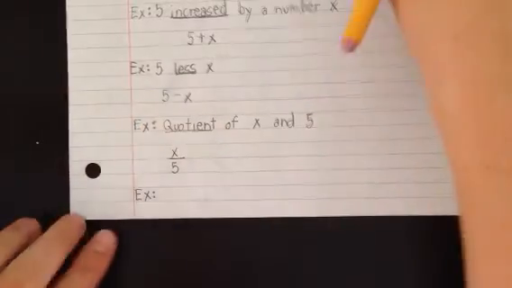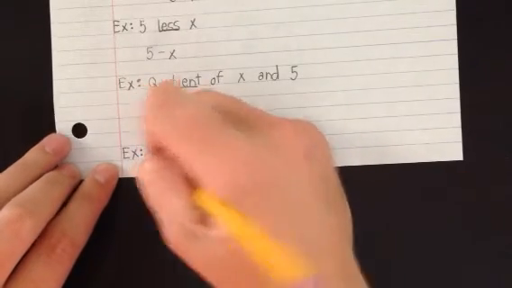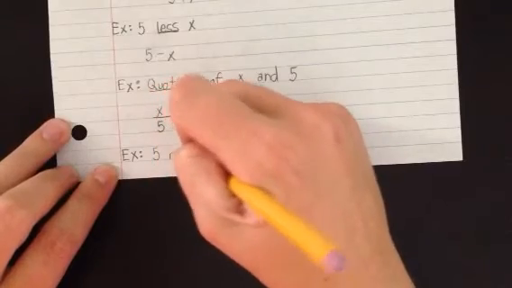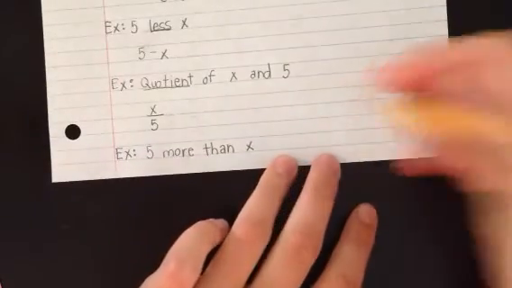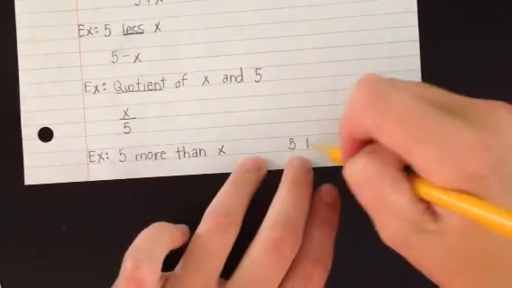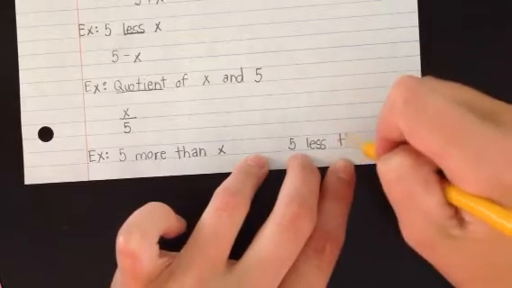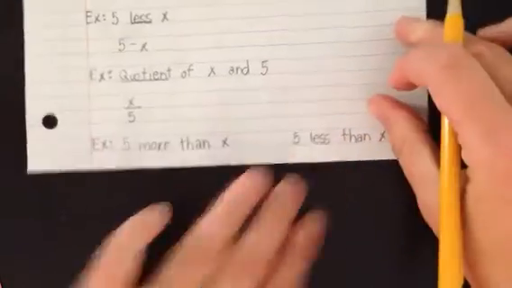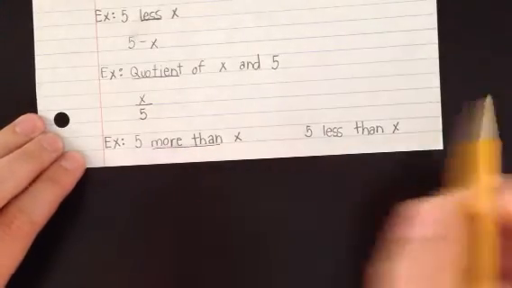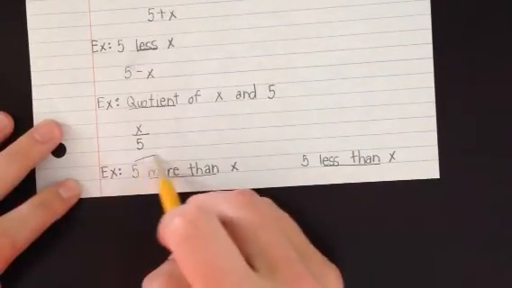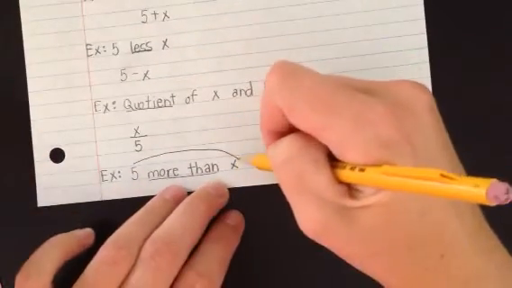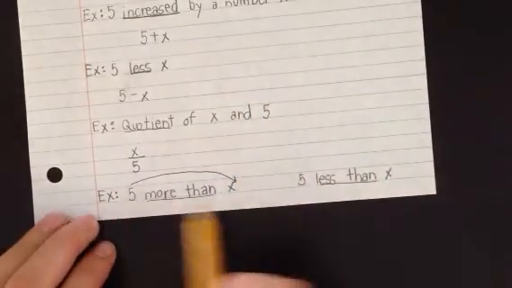All right, last example, because you should be getting the hang of this by now, is our two tricky examples. I'm going to combine two in one. If you're ever given something like 5 more than x, or something like 5 less than x, these are our special cases. If you have the words more than or less than, I want you to draw an arrow because this is going to help you remember that in this case we have to mix up the order of our variable and our number.